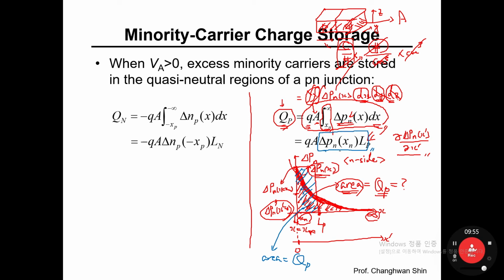All right. So the initial value of excess hole concentration times diffusion length. So this blue colored area is identical to the red colored area.